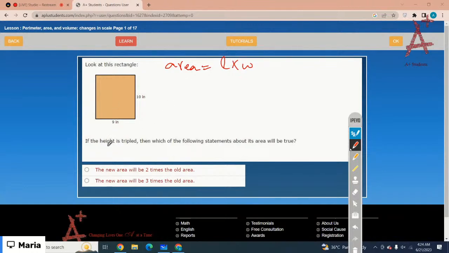Okay, if the height is tripled, you can say height times width or length times width. Just height is tripled, it would be 3h times w. Got it? And that would be 3 times hw. The original one is just hw. The new one is 3hw, the original one is hw.